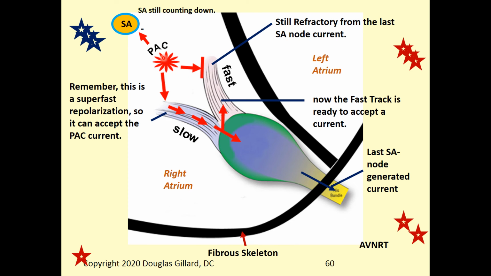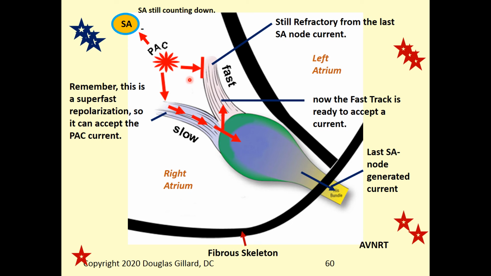But you've got yourself a macro reentry circuit racing around this anomalous slow track. So where's the retrograde and anterograde? This is for medical people, nurses, whoever's taking this: make sure you know it goes anterograde down the slow tract and retrograde backwards up the fast tract, and that's the way the loop goes.